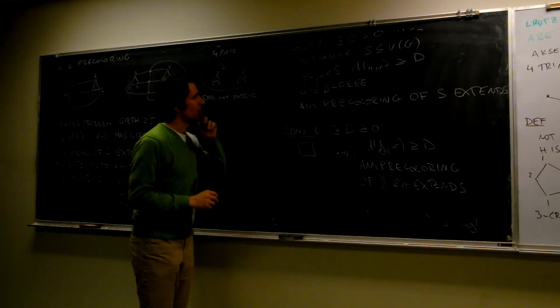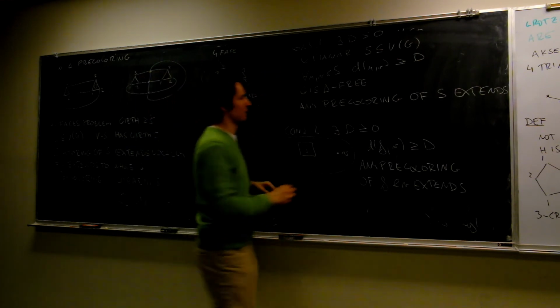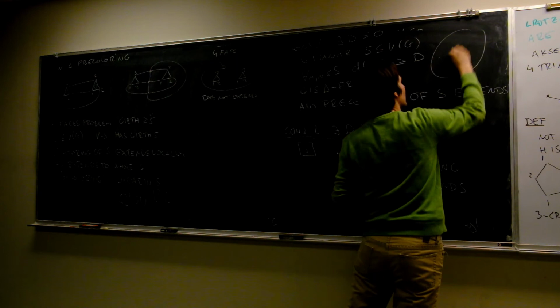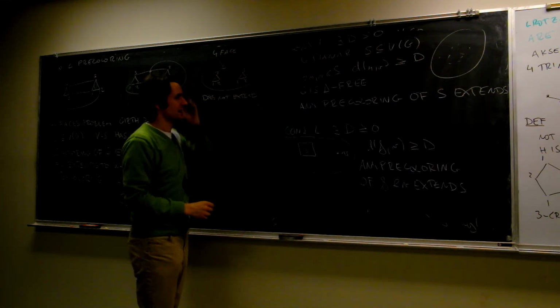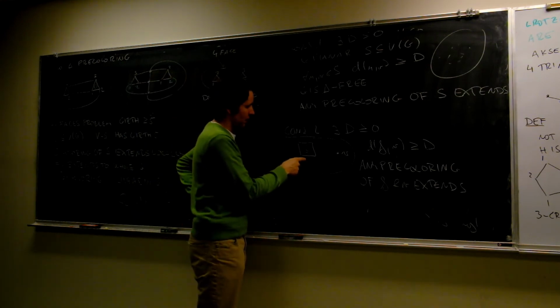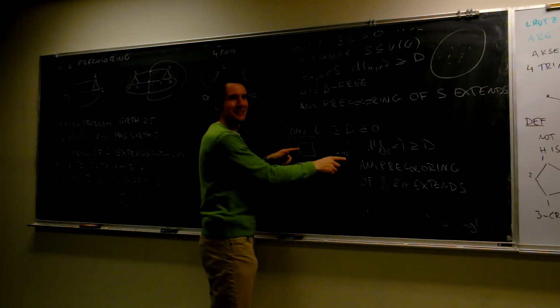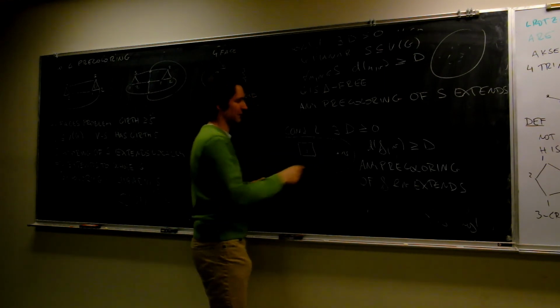So we have one conjecture with many vertices in the graph, all far from each other, where we want to show that any precoloring extends, and another conjecture showing that if you have just one 4-face and one vertex, the precoloring of the 4-face and the vertex extends.